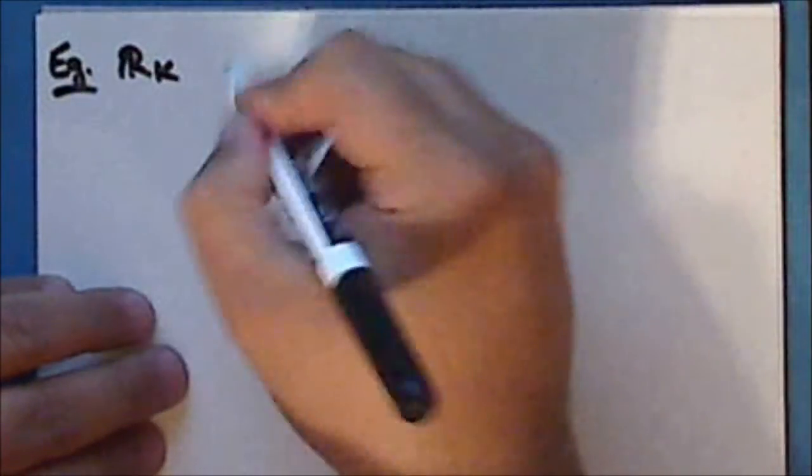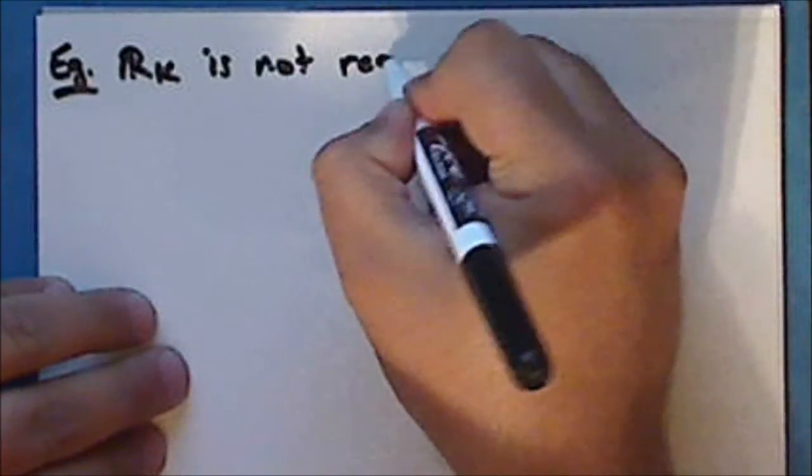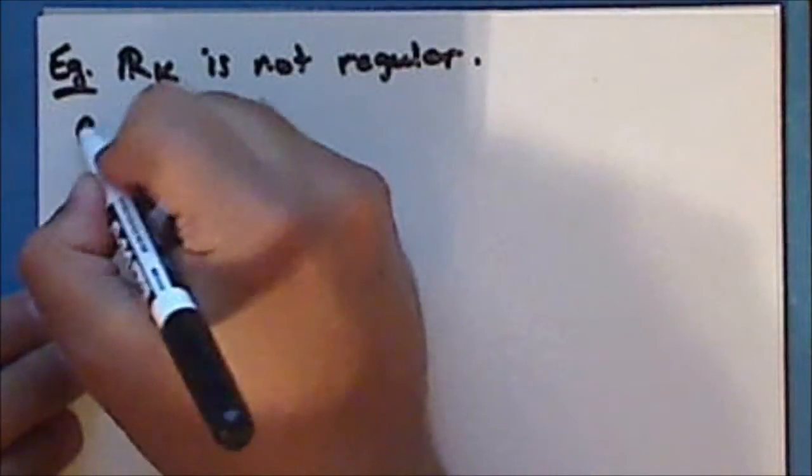So next, we will show that the space of reals with the K topology is not regular. So proof.